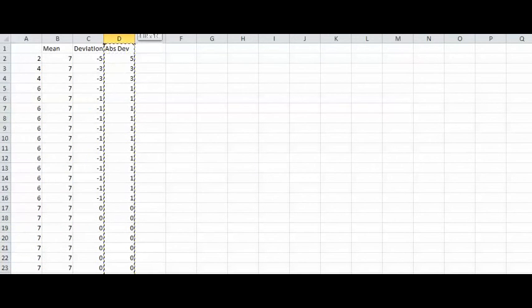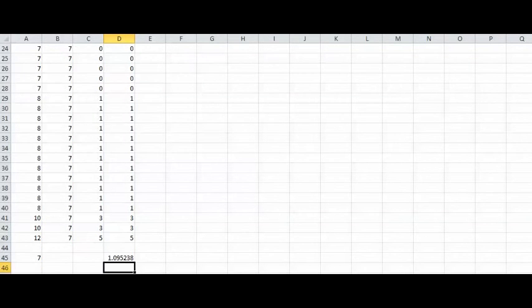So let's get the mean of all of these numbers in the absolute deviation column. When we add up all of the absolute deviations and divide the total by 42, we get 1.09.